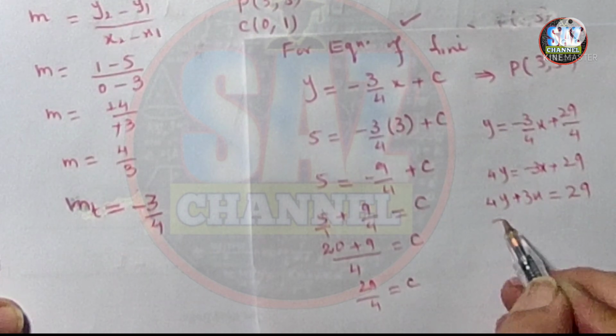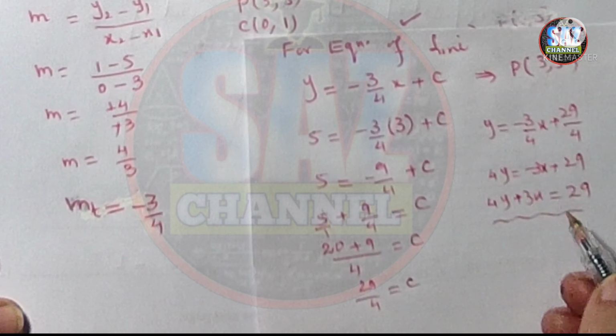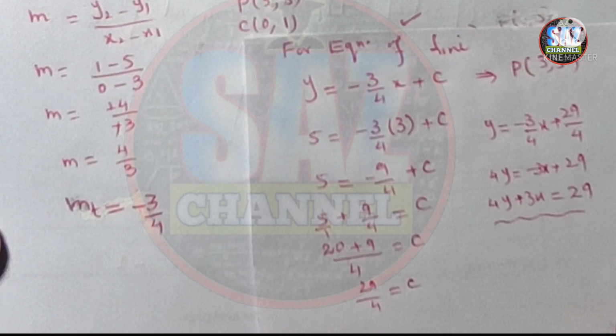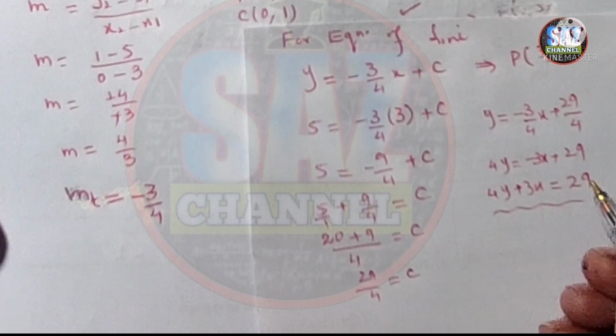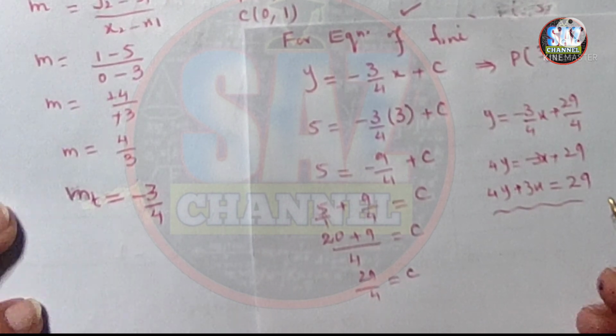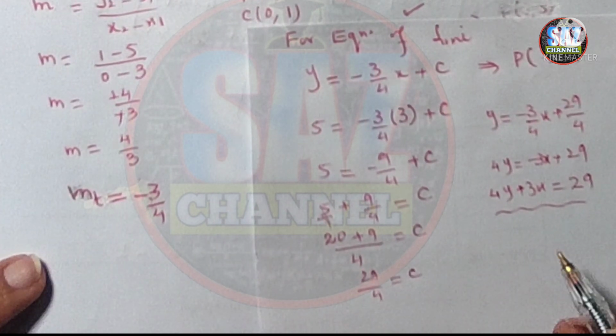I hope, students, that for this week we are enough with this lesson. For the next question, in the next week I'll be completing this paper and discussing the rest of the problems. Before that, you have to watch and understand this whole lesson properly and retain all the formulas and concepts.